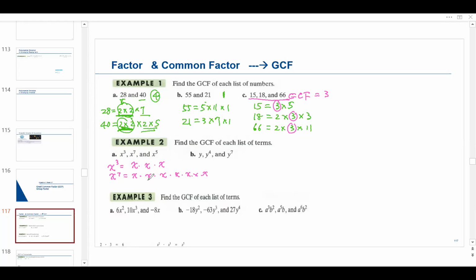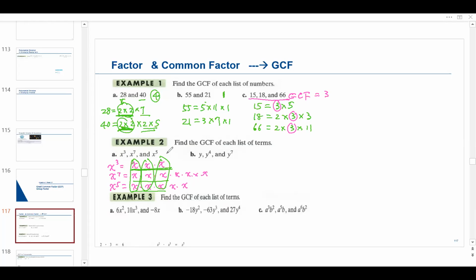Here, you have x to the 4th, right? And x to the power of 5 is 5 x's multiplied together, right? So what's the common part? Here 3 x's are a common factor in the first, the second, and the third, right? Other than that, there's no additional common factor. So the greatest common factor is x cubed, right?